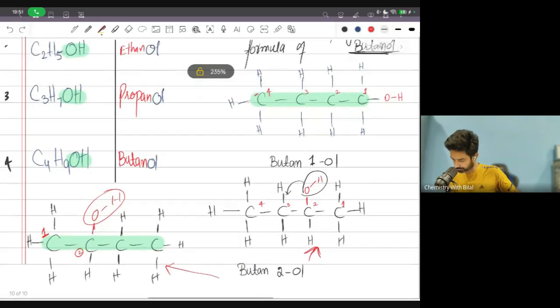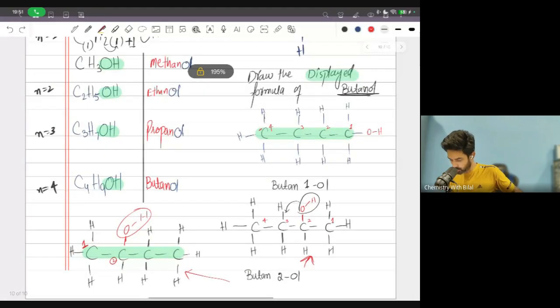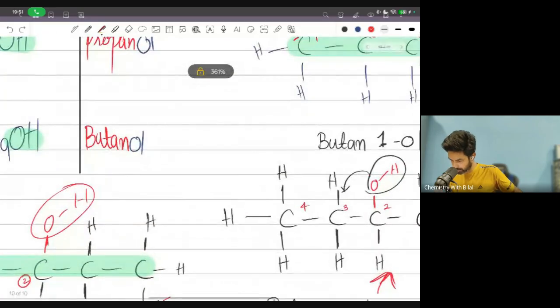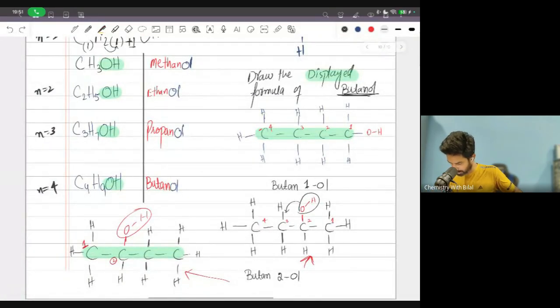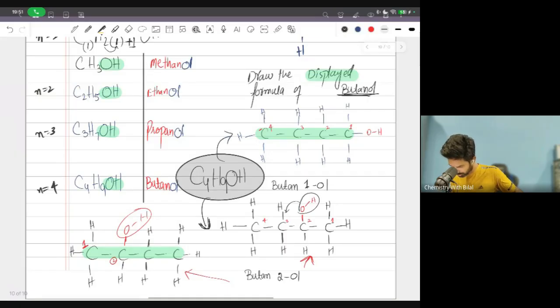Okay, now butane 1 and 2-ol, they both have the same molecular formula. If you check their molecular formulas, they both are C4H9OH. They just differ in the arrangement of atoms.